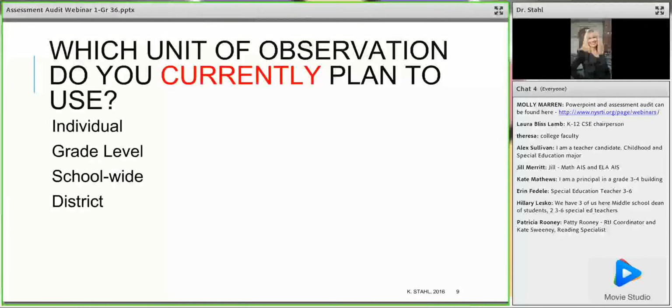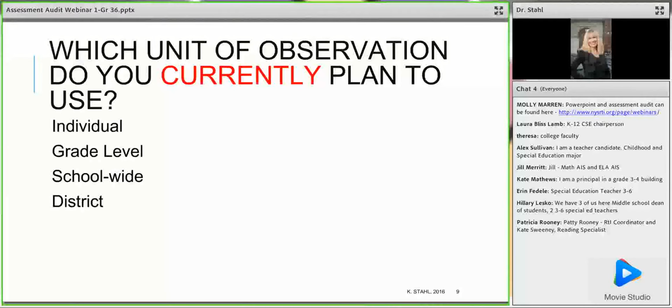You also might want to do this as a grade level. Say our fourth grade team, really the whole school is not bought into this yet. I have just become interested in this as a grade level member, and we're going to do it as a fourth grade team, for example.